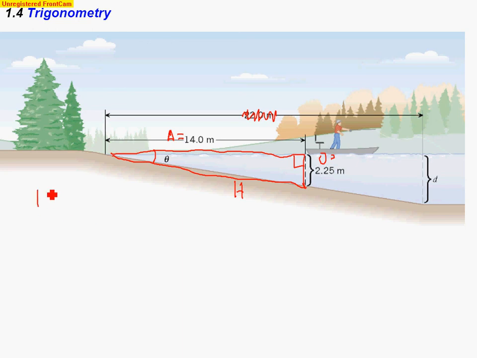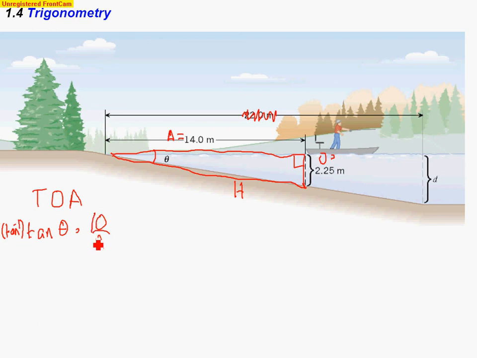So we're going to use the same equation we used before, the tangent one, TOA. So that's tangent theta equals opposite over adjacent. This time we're solving for theta. So to get theta by itself, we have to do the inverse of whatever is currently being done to it. So in this case, that would be the inverse tangent function, tan to the -1.